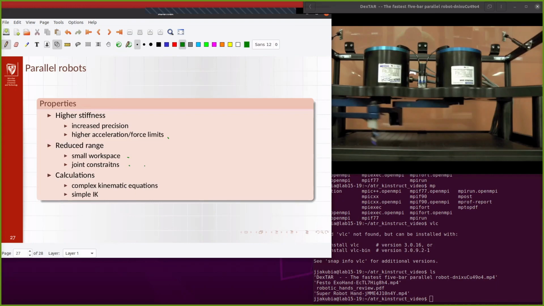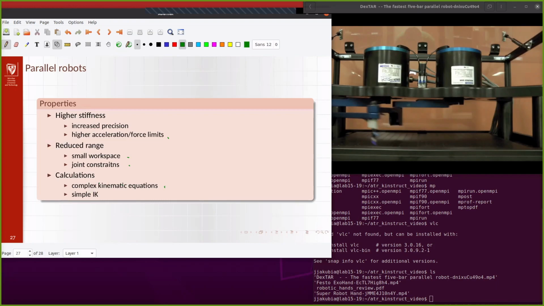And something we were not talking about yet, we have very complex kinematic equations, because we get this two-boundary constraint for the kinematic chain. So the forward kinematics for the parallel mechanism is difficult.